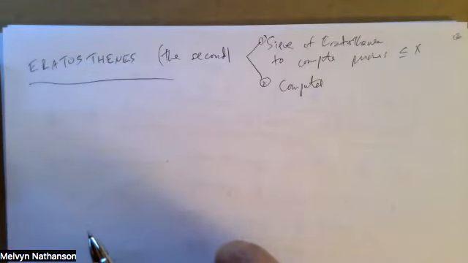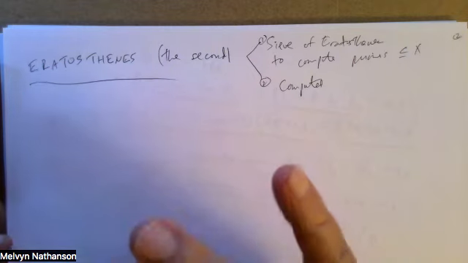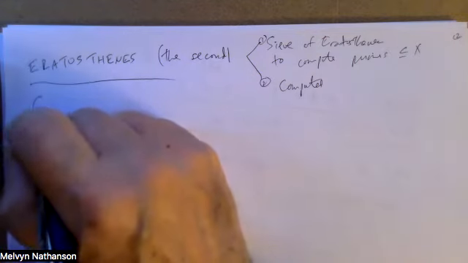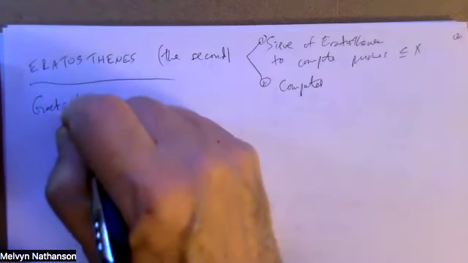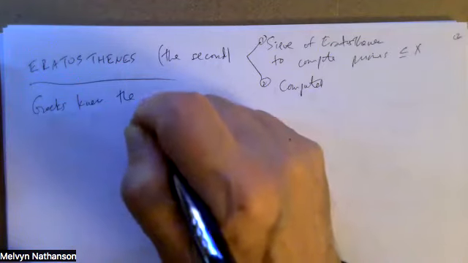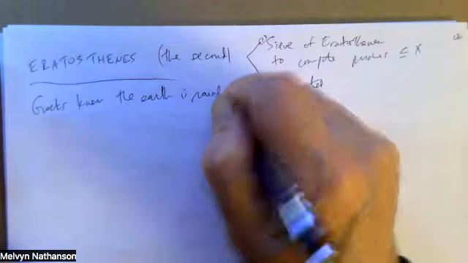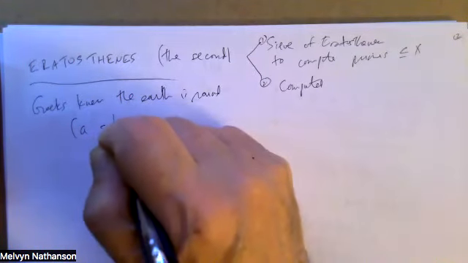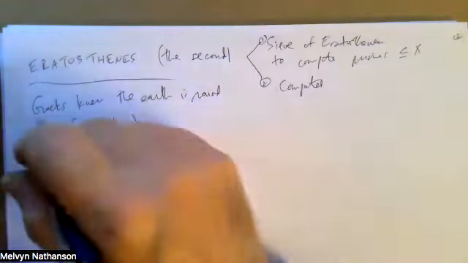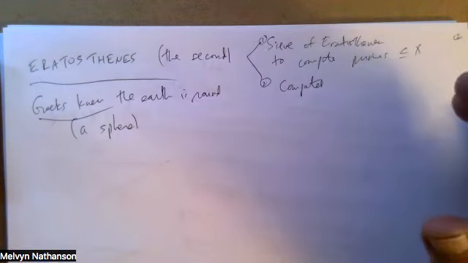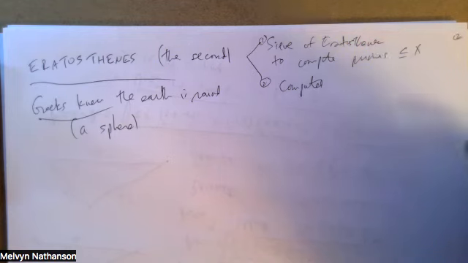But of course, the Greeks knew that the earth is round. By that I mean that it was roughly a sphere. So the only question is, if you have a sphere, what is the diameter? Or equivalently, what is the circumference?